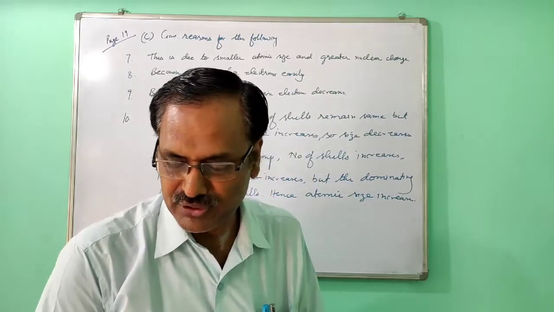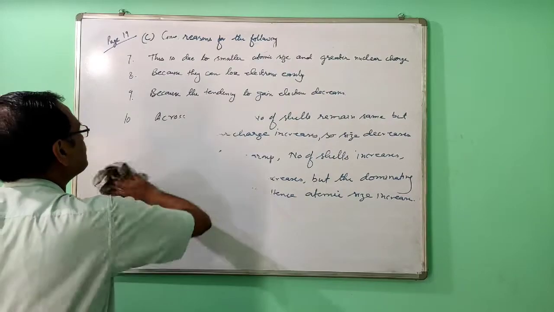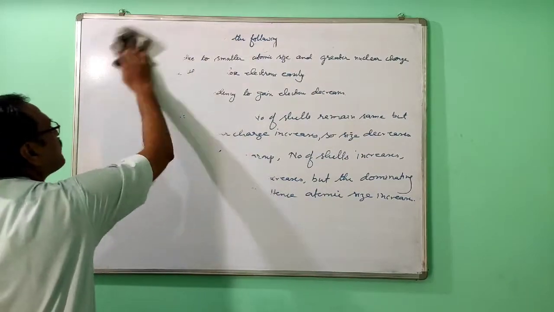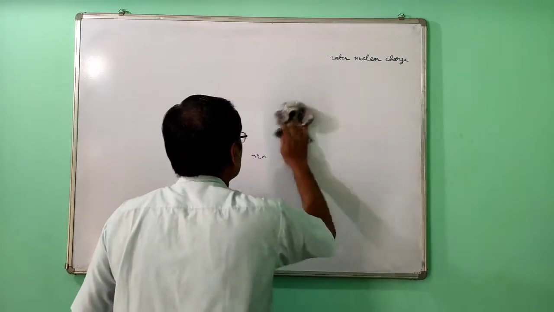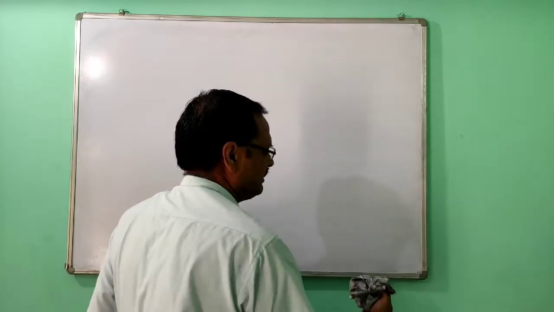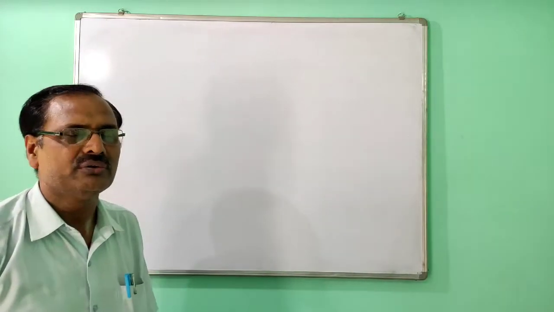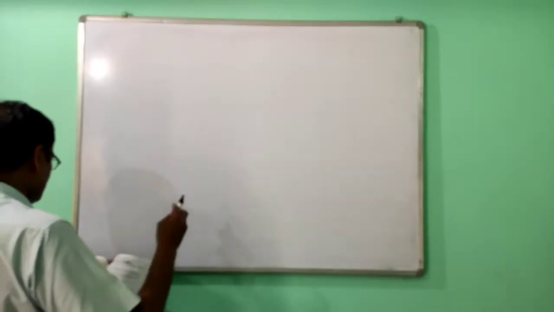Just you fill up in your book. So just you see, these unit test paper questions are important for you. So it is necessary in all the chapters you have to solve it.